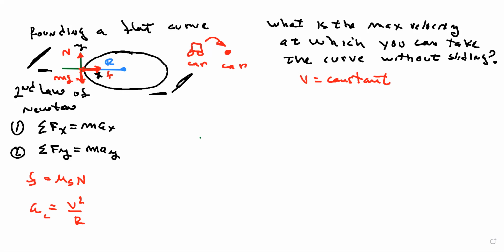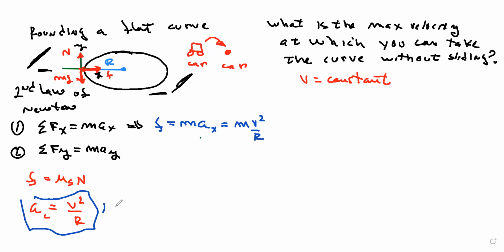So let's see. In the x direction here, the force acting there is the friction, which is going to be equal to the mass times acceleration in the x direction, but that's going to be equal to the mass times v squared over r, because the acceleration is centripetal. So we got this one right here.